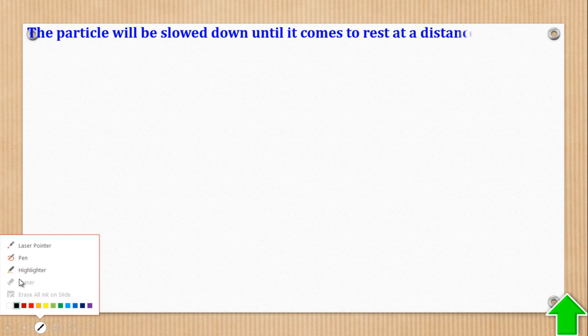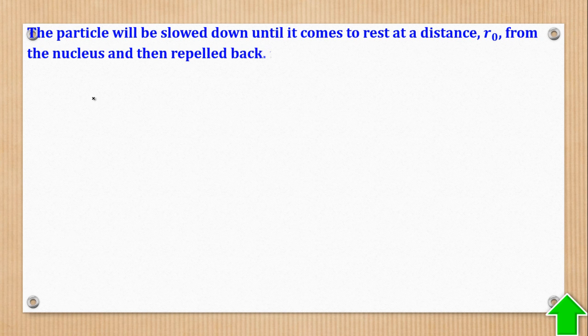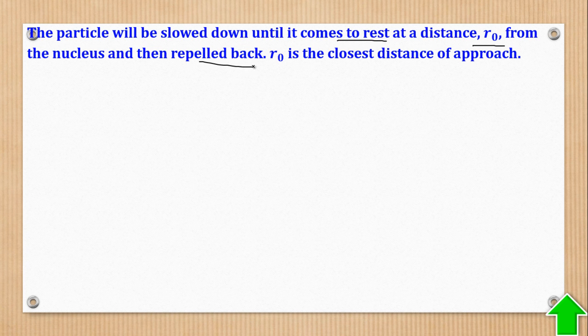So we have to derive how to get that closest distance. So what happened is that the alpha particle will be slowed down until it comes to rest at a distance r0 from the nucleus and then repelled back.